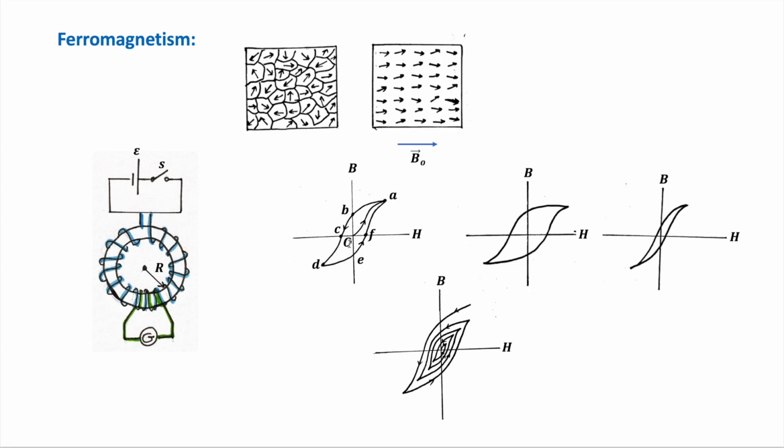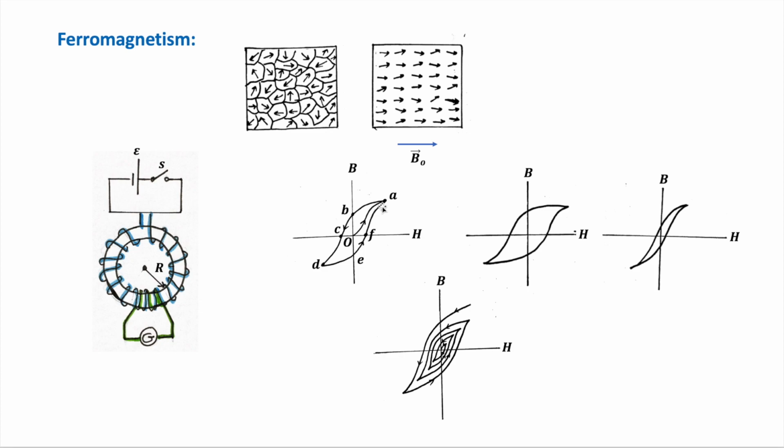At point O, the domains are randomly oriented, which means the magnetic field produced by the material, Bm, is equal to 0. As the external field increases, the domains become more aligned, and this will increase until all are nearly aligned at A, which corresponds to the iron reaching saturation, which is the condition when all domains are aligned in the same direction.